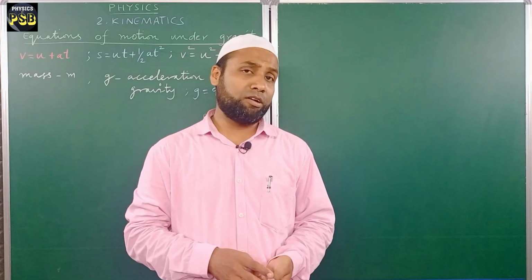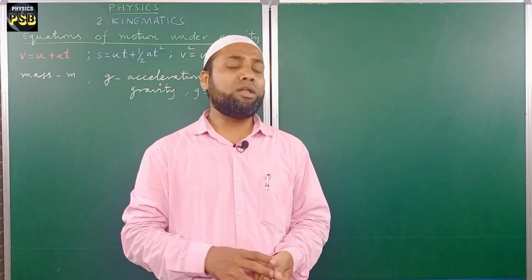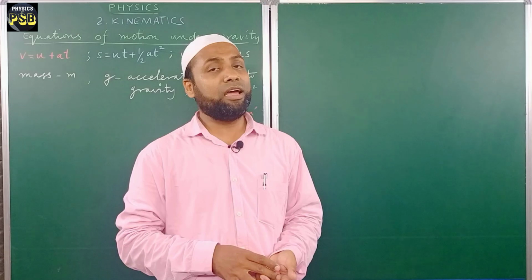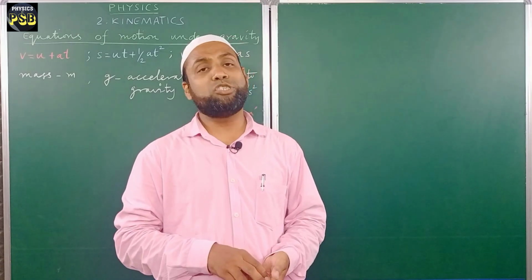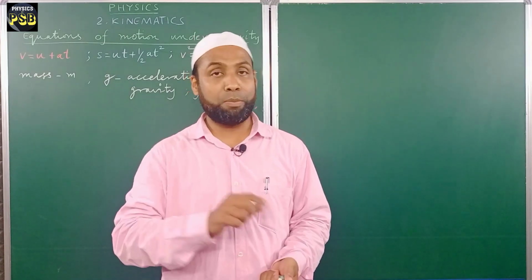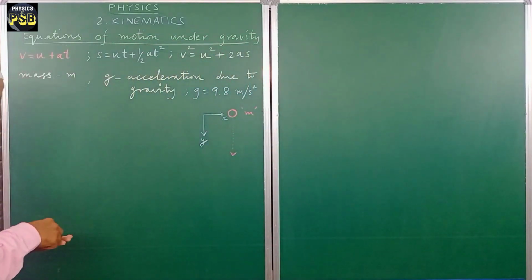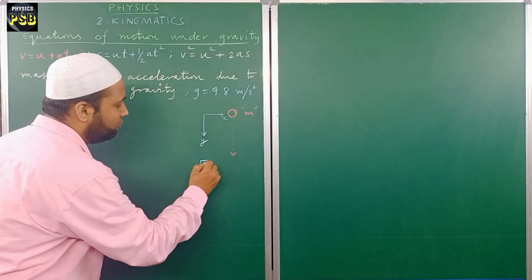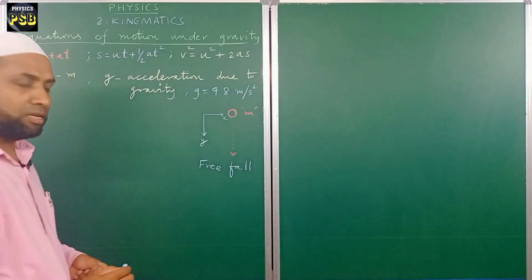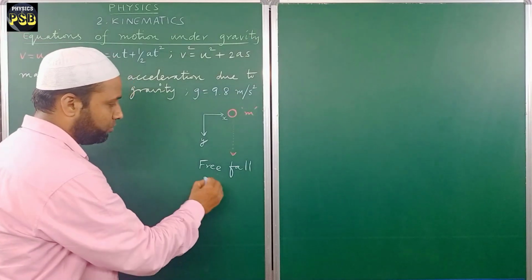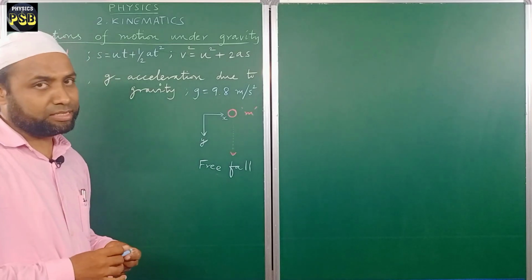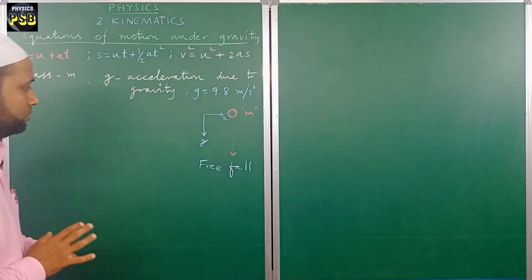So whenever an object falls only under the influence of gravity in the absence of air resistance, then we call such motion free fall. You remember this. So what is the condition? The condition is that the object should move only under the action of gravity and the air resistance must be 0. Clear?